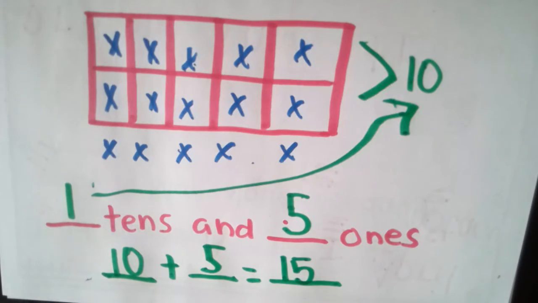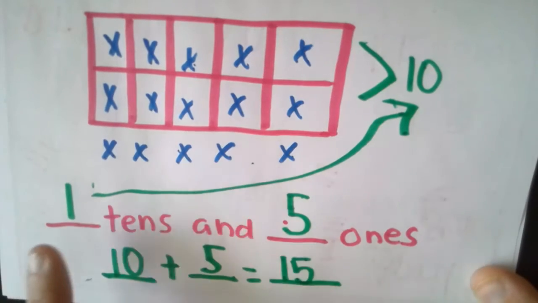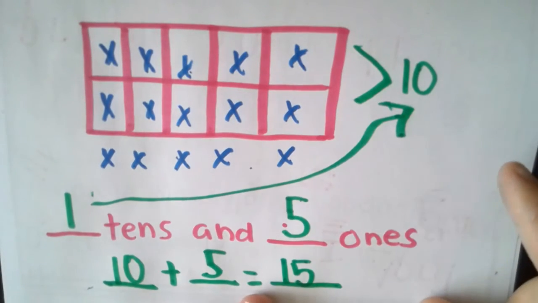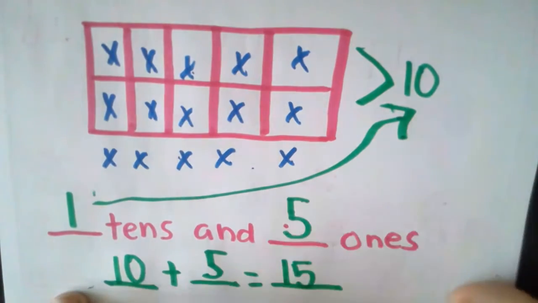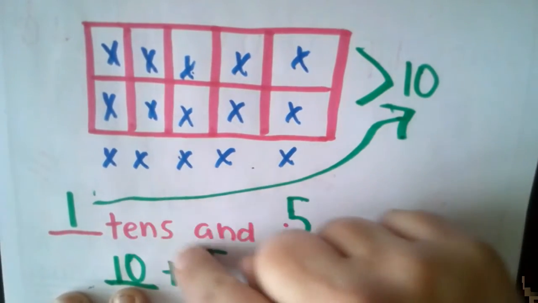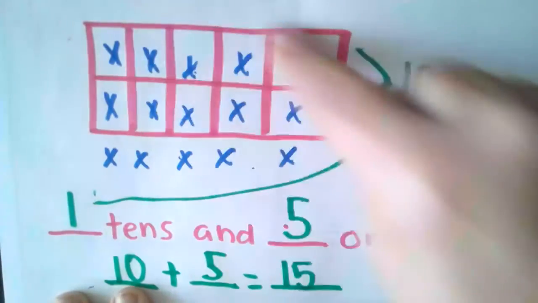I know it's a little hard without all of our 10 frames and our blocks to do this, but I thought that this was a pretty good explanation and how I would have done it in small groups with you during math. So just remember that when you're doing the addition problem, that this 10 asks you how many full 10 frames.